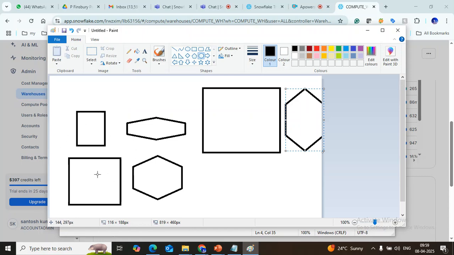For small, the memory and CPU processing unit is increased, and it increases again when we consider medium. The bigger the warehouse, the faster the work will be, right? So that is one example I have given. Another scenario I have mentioned is this.